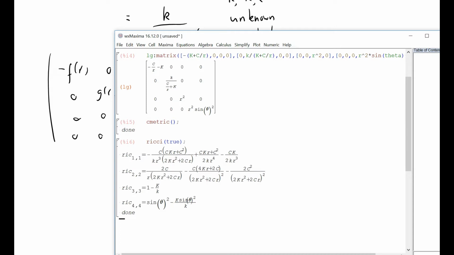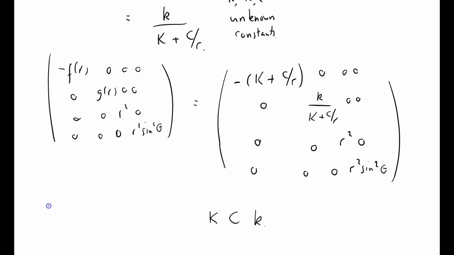Now, we set this up so that we wanted to find what K, little k and C were. But you see this equation here, it's always worthwhile going to the simplest one first. We know that all the components of the Ricci tensor are identically 0, so we may as well start with the simple one. And that tells me very directly, let's just write it down: 1 minus capital K over little k equals 0, so of course K equals k.